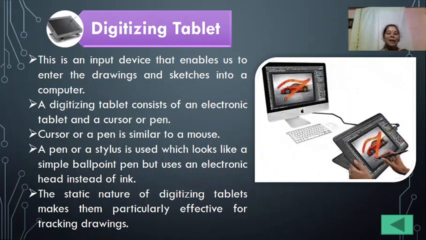Clear? The static nature of digitizing tablets makes them particularly effective for tracking drawings. Architects or cartoonists will be using these kinds of digitizing tablets to draw and to use them anywhere. Clear?